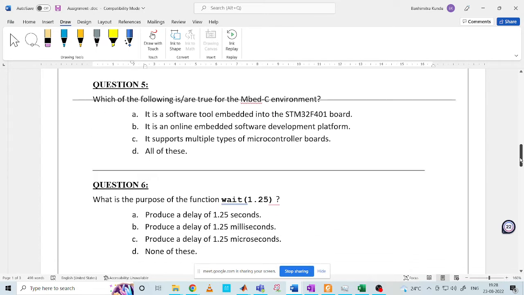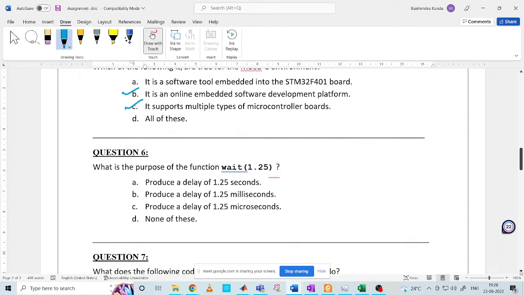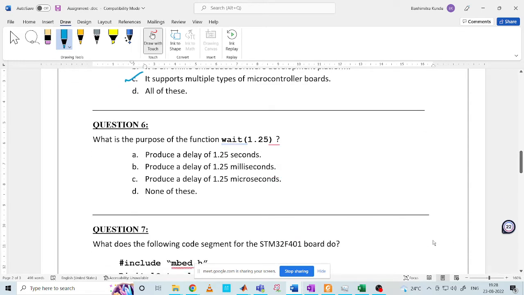Option B and C. Correct. Okay. Question 6. Option A, 1.25 seconds.